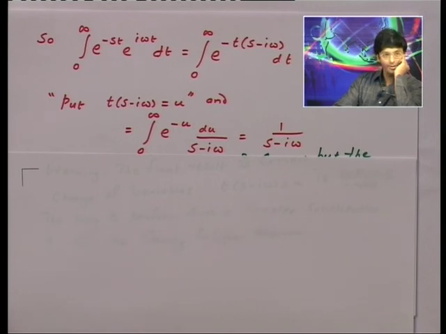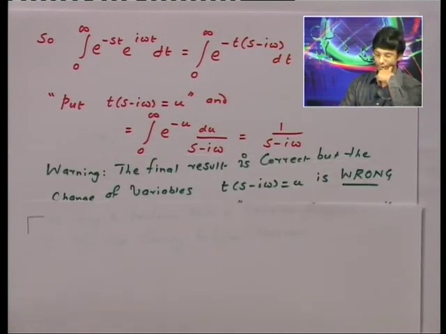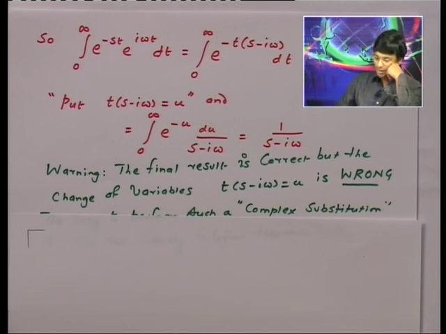But here we have now made a change of variables which is illegal. Result is correct, result is absolutely correct, but it is an illegal change of variables. So here is a little warning, the final result is correct, but the change of variables t into s minus I omega equal to u is wrong.